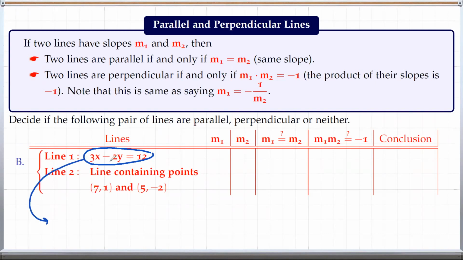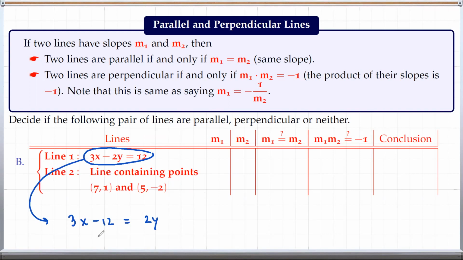Again, to find the slope of this line, we want to isolate y on one side. Subtract 12 from both sides, and let's add 2y to both sides. So we get 3x minus 12 equals 2y. So basically, I'm moving this -2y to the other side. So that becomes positive 2y, and moving that 12 to the other side. That will make it -12.